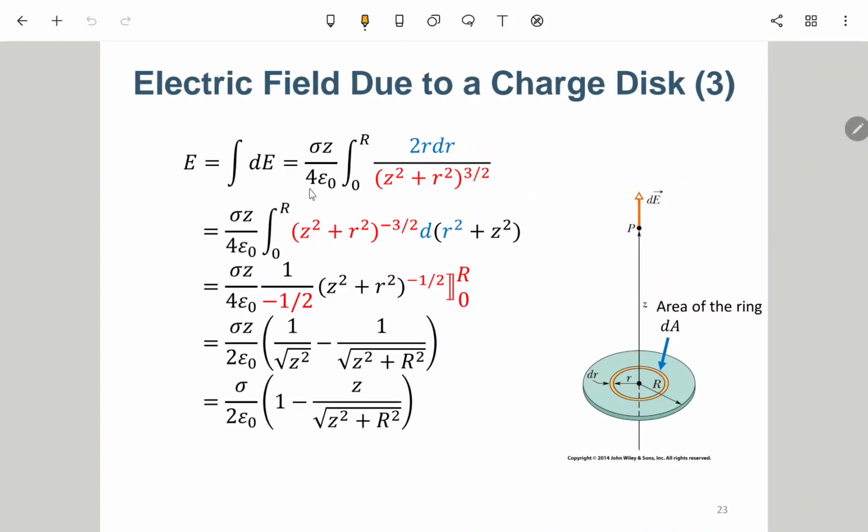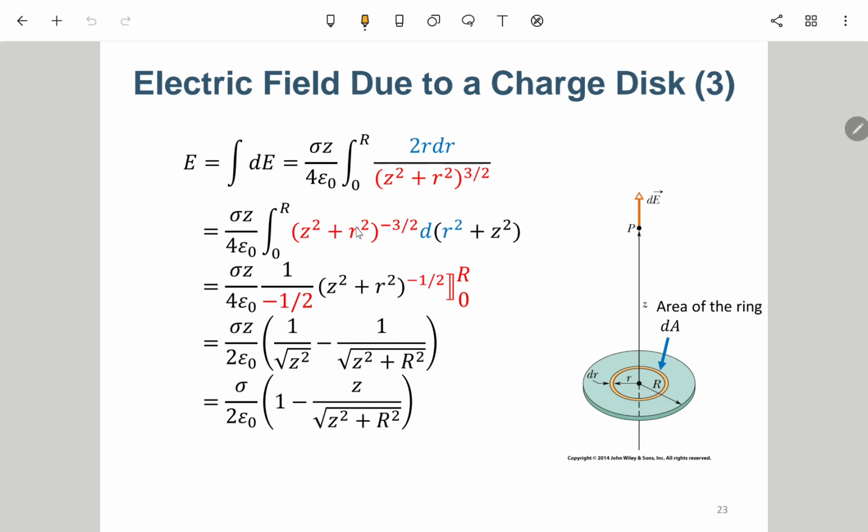So here we have sigma z over 4 epsilon naught, and then the integration from 0 to capital R of 2r dr over this stuff. Actually this is something to the 3 over 2 power in the denominator, so we can put it in the numerator, but we have a negative sign at the exponent.